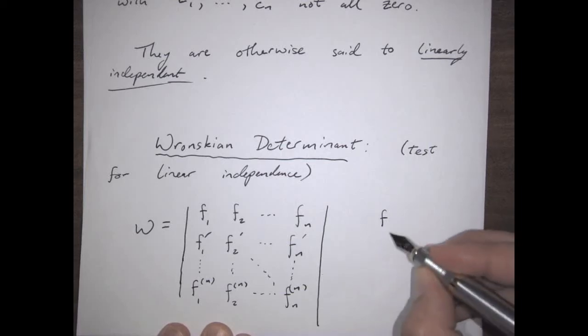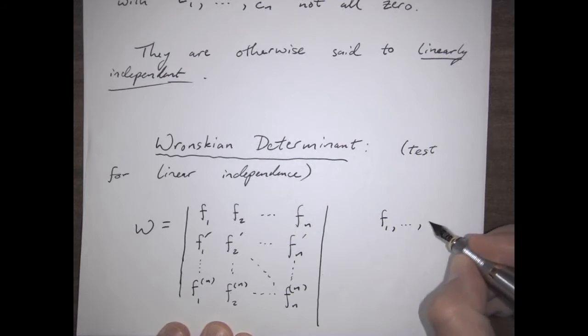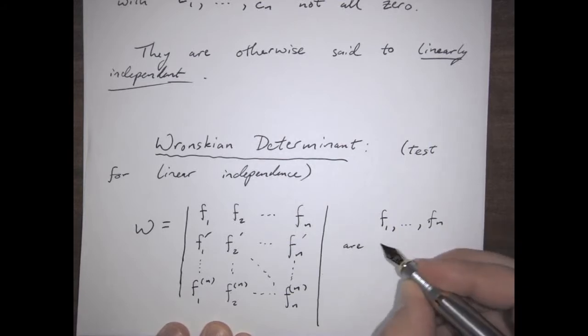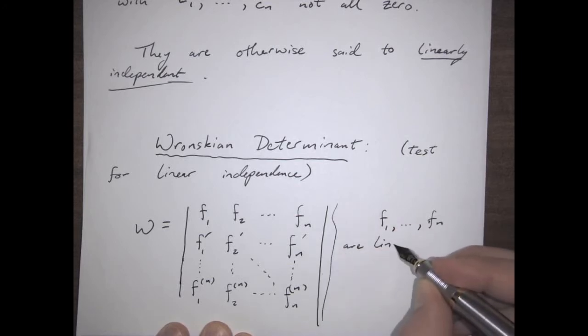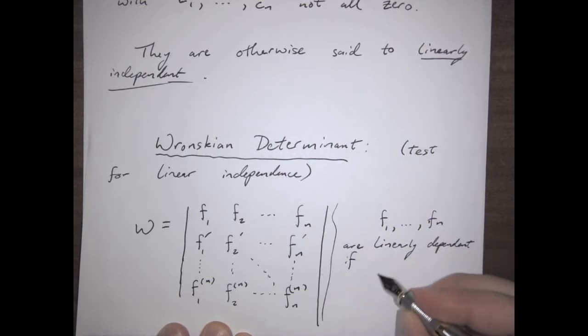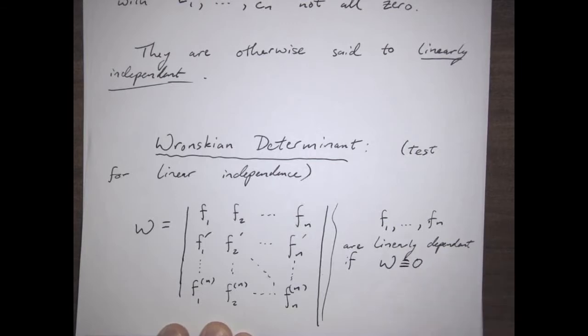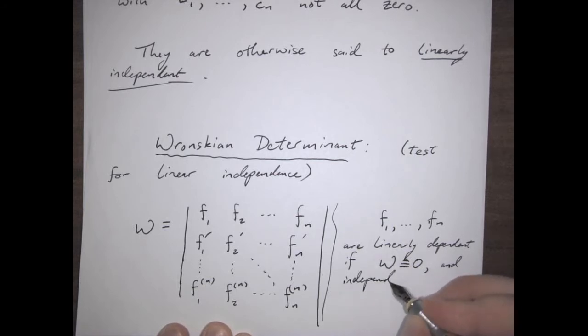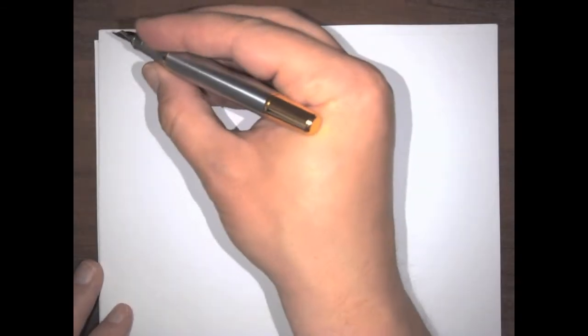So the nth derivative of f1, the nth derivative of f2, and then going down here, we're going to have the nth derivative of fn. So it's the determinant of all these, calculated in the usual linear algebra way. And what the Wronskian will tell you is whether the functions are linearly independent of each other, and you can determine that by whether the Wronskian is identically zero or not. So f1 to fn are linearly dependent if W is identically zero, and independent otherwise. When necessary, the Wronskian will be what we'll use to prove that a collection of functions is linearly independent.